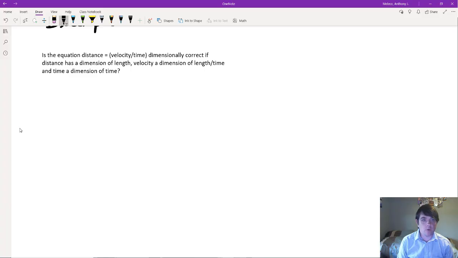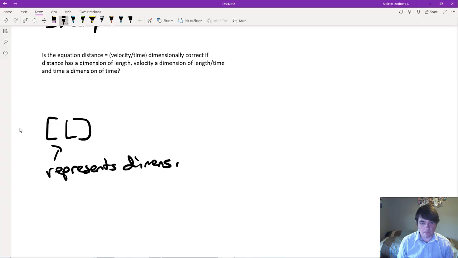So how do we do this? To do this, you write out the dimensions on each side of the formula as if you were writing an equation. So you write length, which is represented by these square brackets, so this represents dimensions of length, right? So we're told distance is length, equals velocity divided by time. Velocity, we're told, is length divided by time. So that would be L over time.